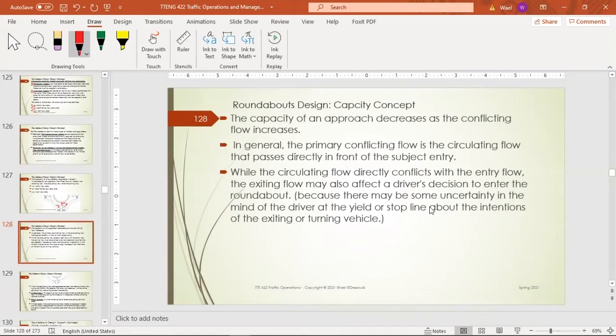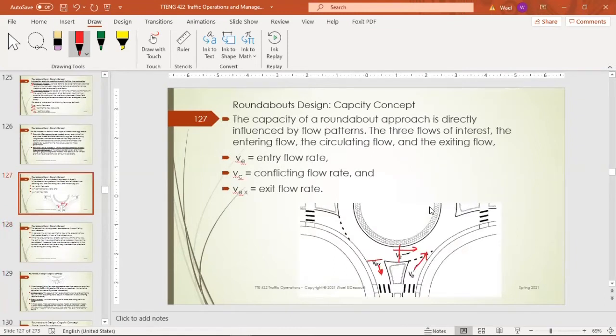The capacity of an approach decreases as the conflicting flow increases, and that makes sense. What we are saying is, as the conflicting volume goes up, the capacity for this approach goes down, because the number of gaps that drivers can use to enter the roundabout decreases with higher flow rate or higher conflicting volumes.